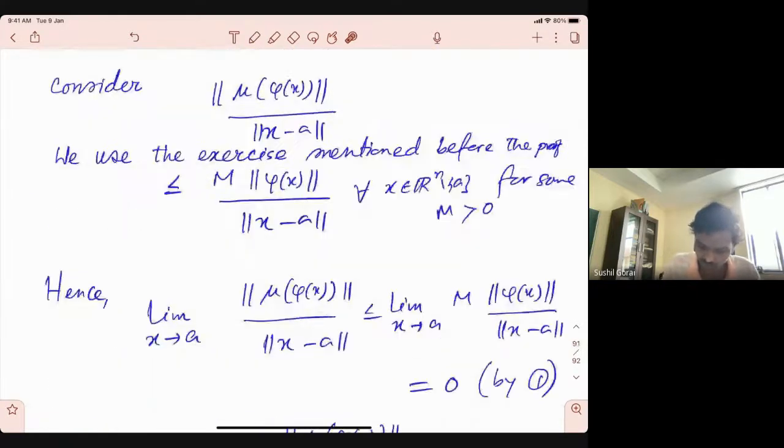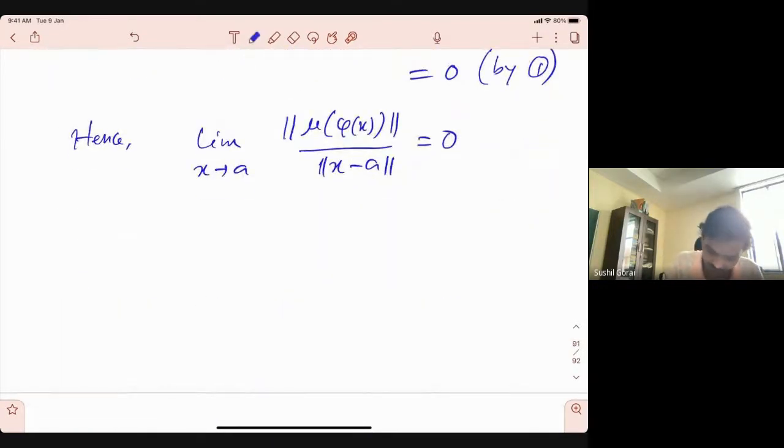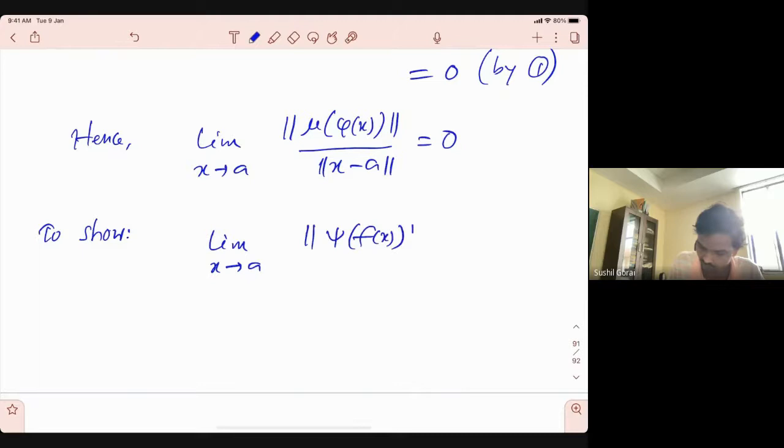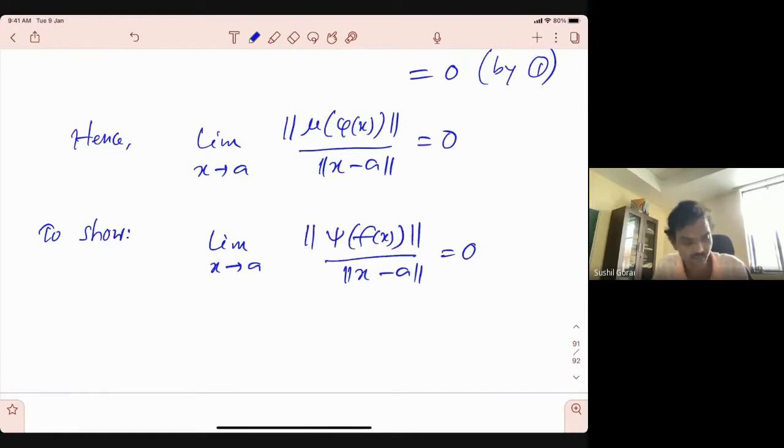So to show: the limit as x tends to a of the norm of psi of f(x) by the norm of x minus a equals 0. Now we need to look at certain estimates here.